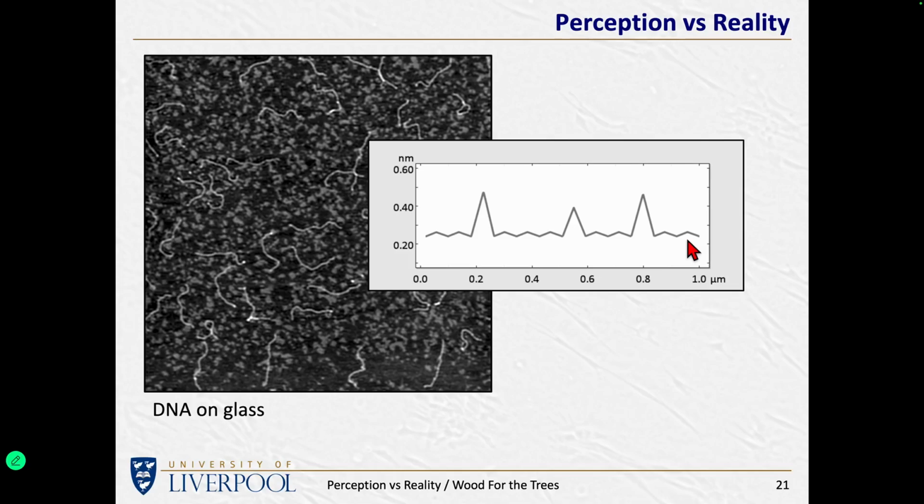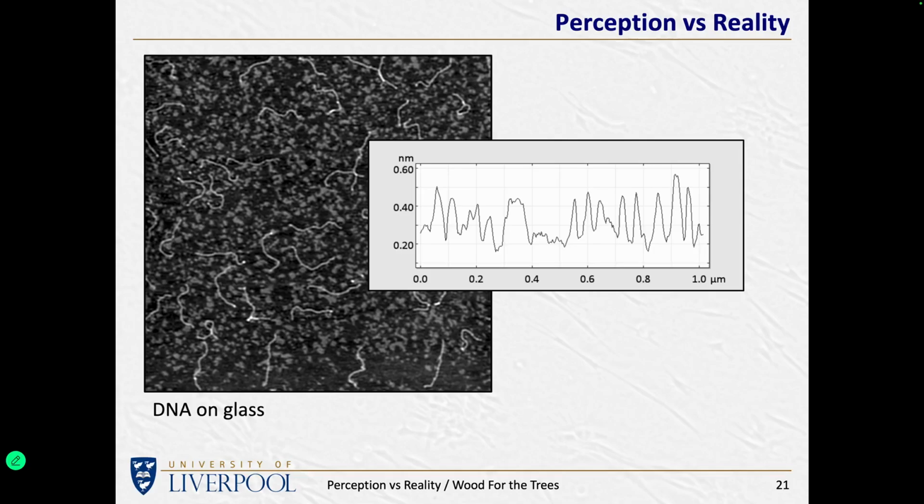But actually, if we ask what height is as a function of position, it's much more like that. It is all over the place. In other words, the mottling of the background is almost as bright as the individual peaks of the DNA themselves.